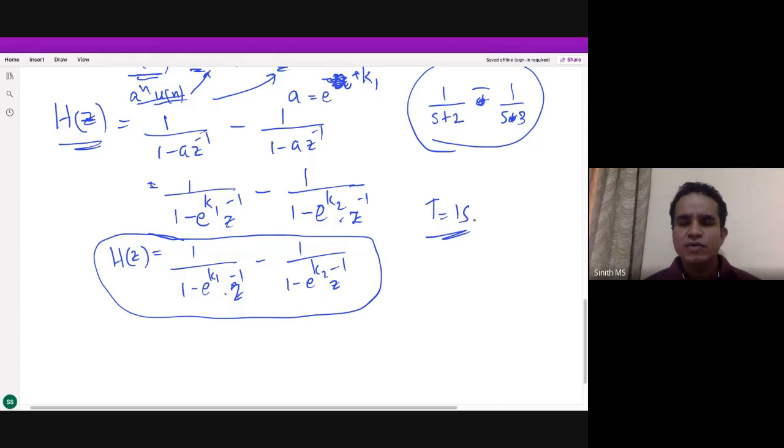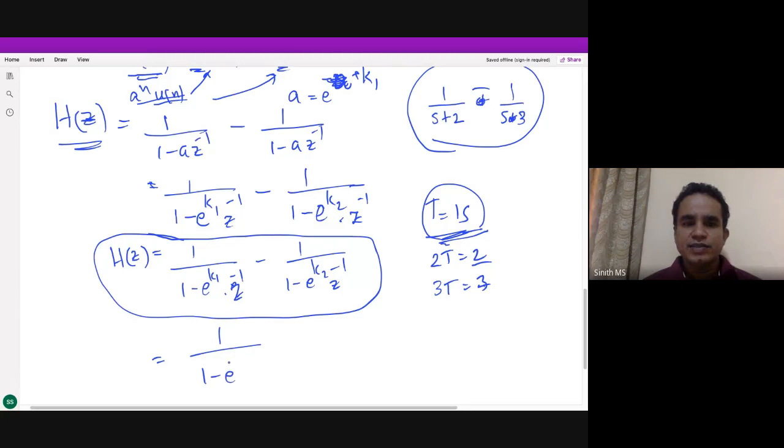This will not happen for a normal audio signal or any image processing signal, but suppose your sampling time period could be 1 second. 2T can be replaced as 2, and 3T as 3, and k1 and k2 become 2 and 3 respectively. So this will become 1 by 1 minus e raised to 2 z inverse minus 1 by 1 minus e raised to 3 z inverse.